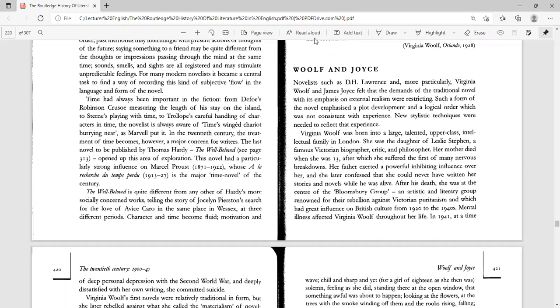After her father's death, Virginia Woolf was at the center of the Bloomsbury group. Once her father was a member of that group. That's an artistic and literary group where Lytton Strachey, the famous biographer, was also a member.